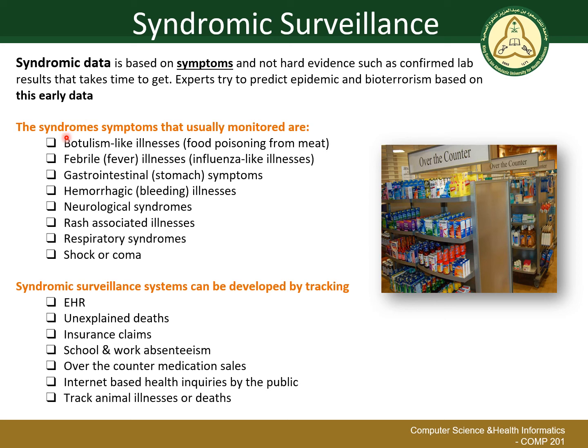So the symptoms that are usually monitored are botulism-like illnesses, for example food poisoning from meat, febrile or fever illnesses, influenza-like illnesses, gastrointestinal or stomach symptoms, hemorrhagic bleeding illnesses like Ebola, neurological syndromes, rash-associated illnesses, respiratory syndromes, shock, or coma.